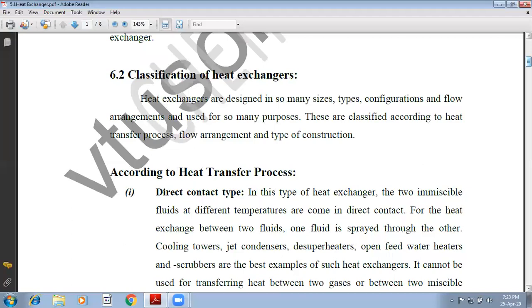Examples could be cooling towers, jet condensers, as well as superheaters, where the hot fluid and cold fluid come into contact directly.